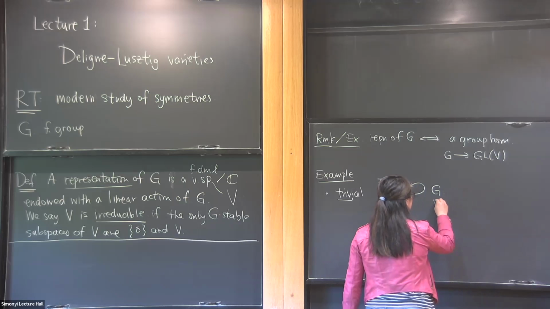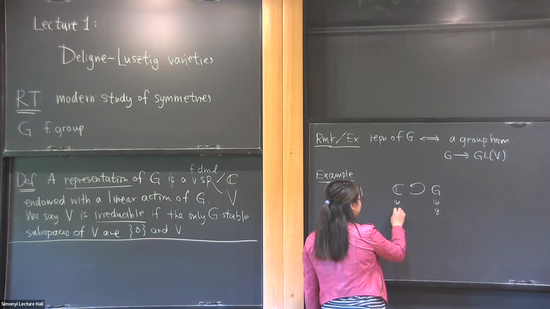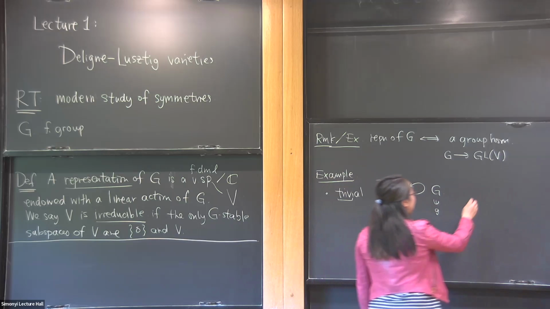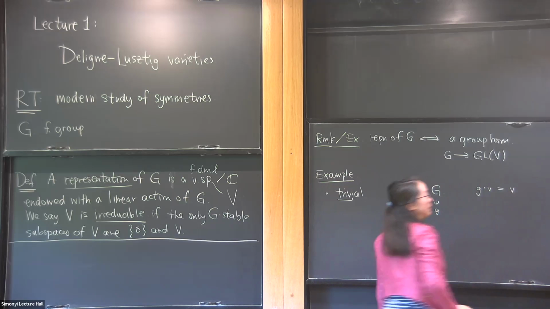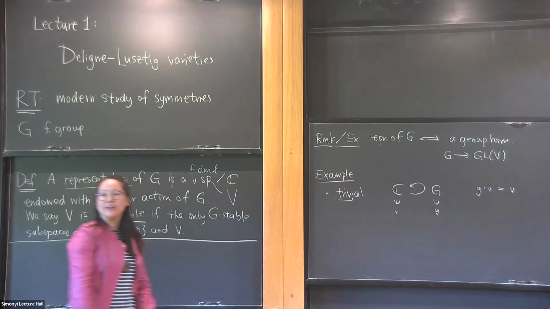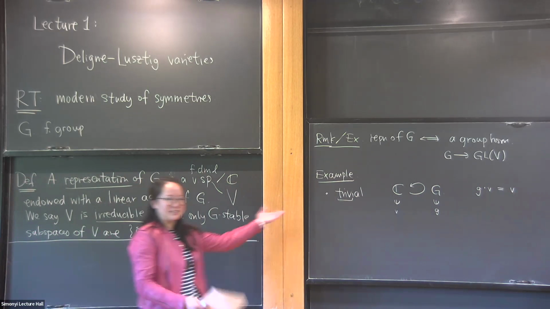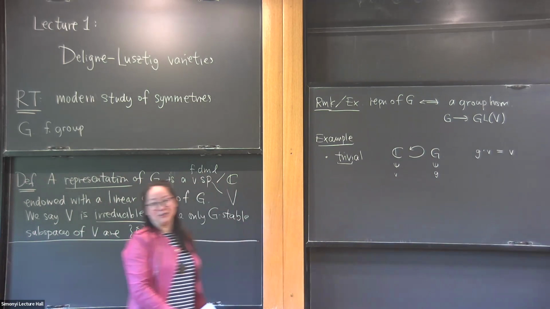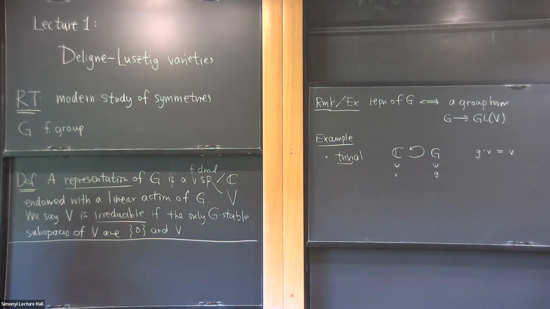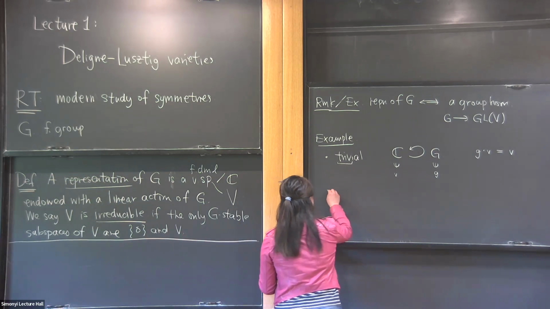If I have some element g of G and some element of C, which I'll call v, I can declare the action of g on v to be equal to v, as it does nothing. It doesn't depend on g at all. So this is called the trivial representation because the action is trivial. There's nothing happening here. And this is definitely irreducible because it's a one-dimensional vector space, and there are no non-trivial subspaces of a one-dimensional space.